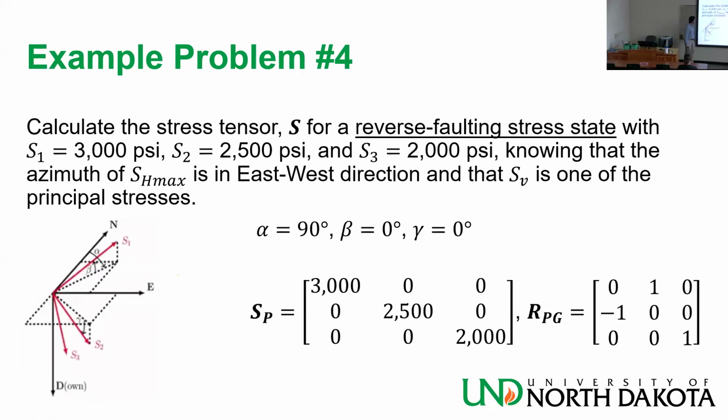And we have here the same angles, now for reverse faulting: 90 degrees alpha, 0, 0. It tells you SV is one of the principal stresses. Imagine S3 touching the black line, basically.